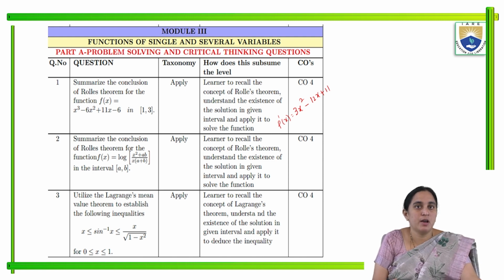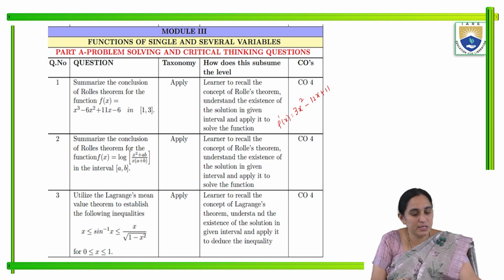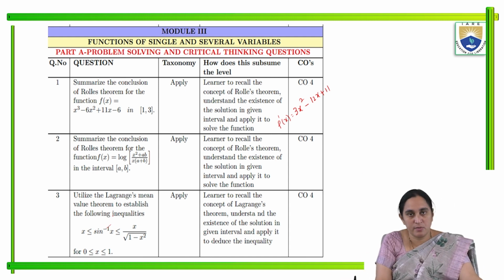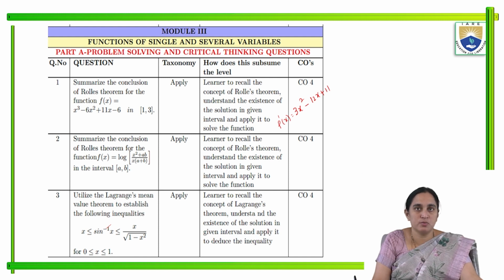First, we take the function from the question. We assume the function f of x is equal to sine inverse x. For this function, we verify that it satisfies all conditions of Lagrange's theorem. What are the conditions? Lagrange's is similar to Rolle's theorem.